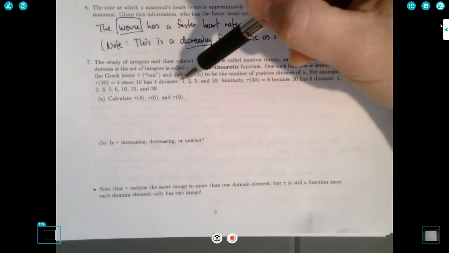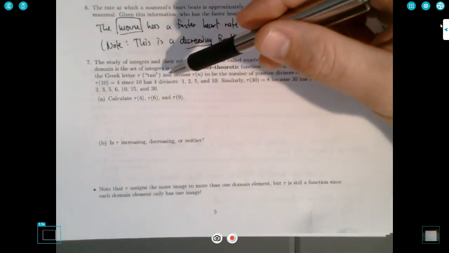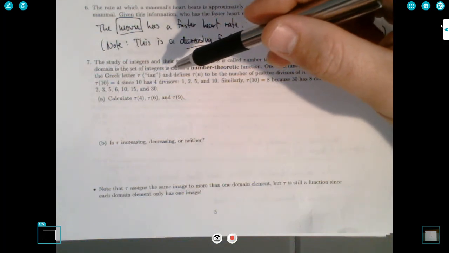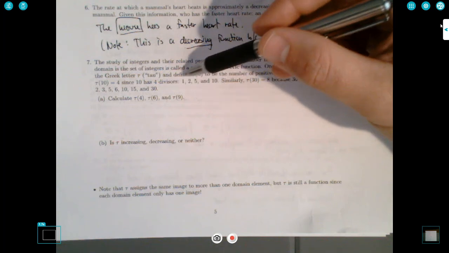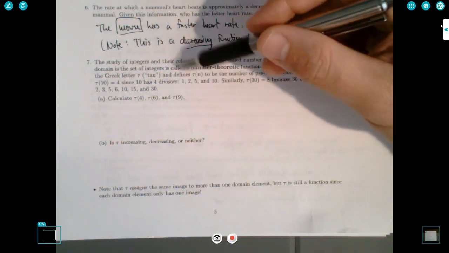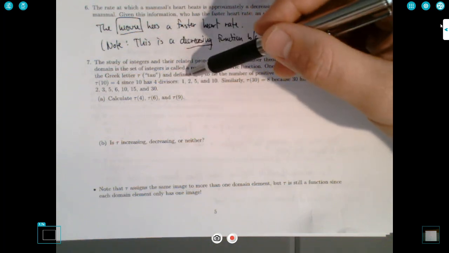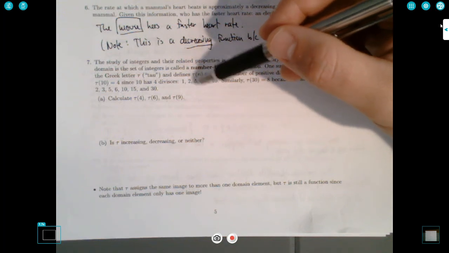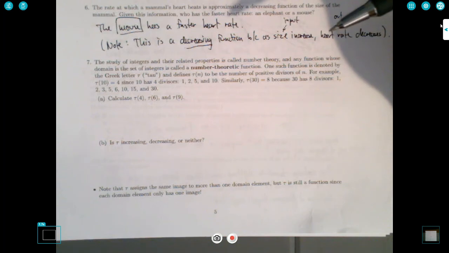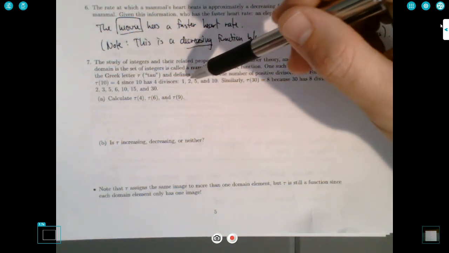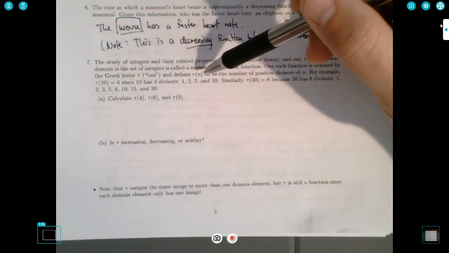A divisor of a whole number is another whole number that divides that number evenly. So 10 divided by 1, 1 goes in evenly, 10 times. 2 goes in evenly, 5 times. 5 goes in evenly, twice, and 10 goes in evenly, once. No other number goes in evenly.